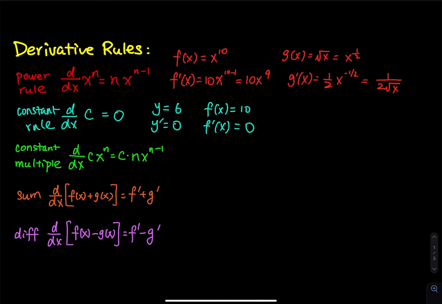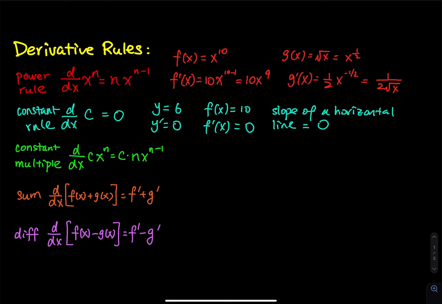So basically what that means is the slope of a horizontal line is equal to 0. So y equals 6, y equals 10, or even y equals negative 1000, the derivative of that is just 0.